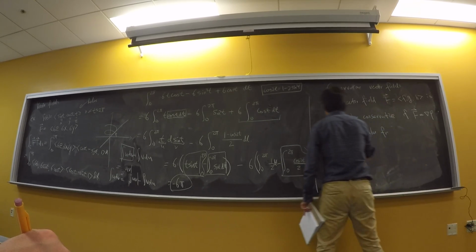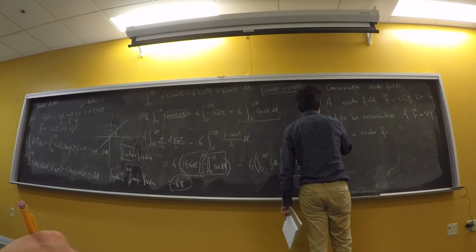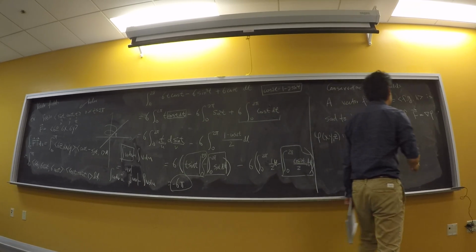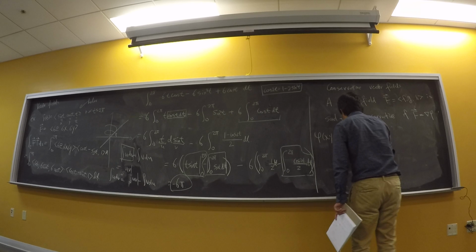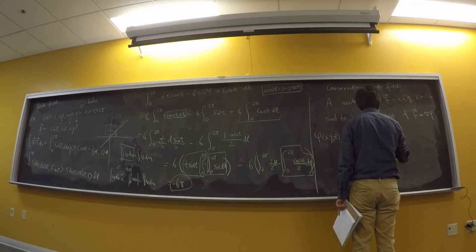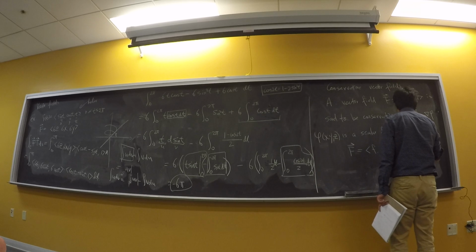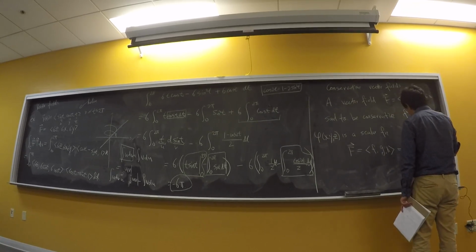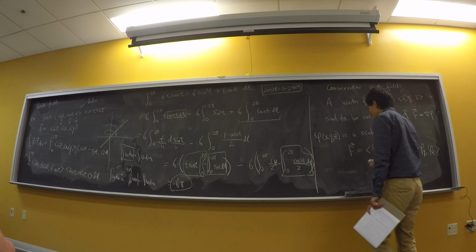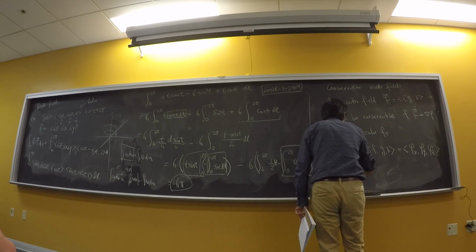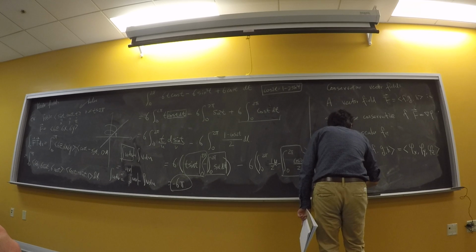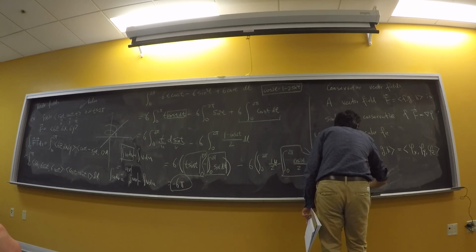So phi of x, y, z is a scalar function. In other words, I can rewrite this vector field F, G, H as phi x, phi y, and phi z. This is equivalent to saying F is equal to phi x, G is equal to phi y, and H is equal to phi z.